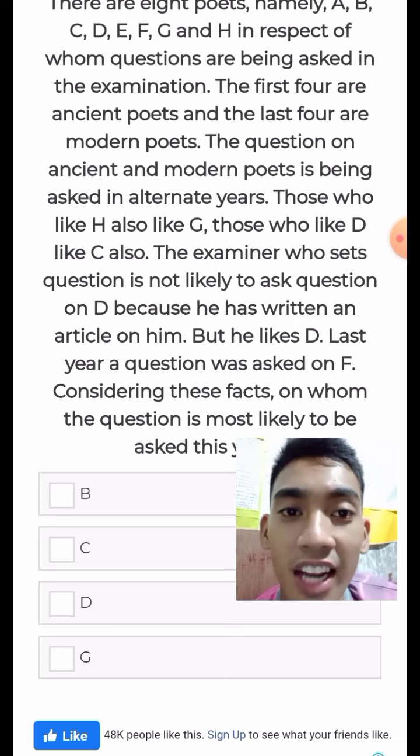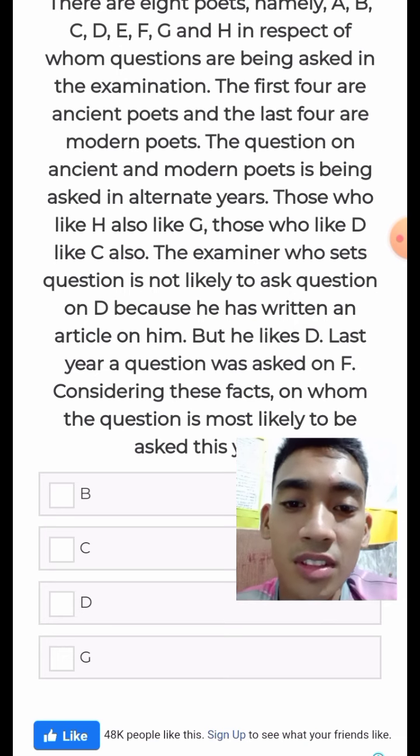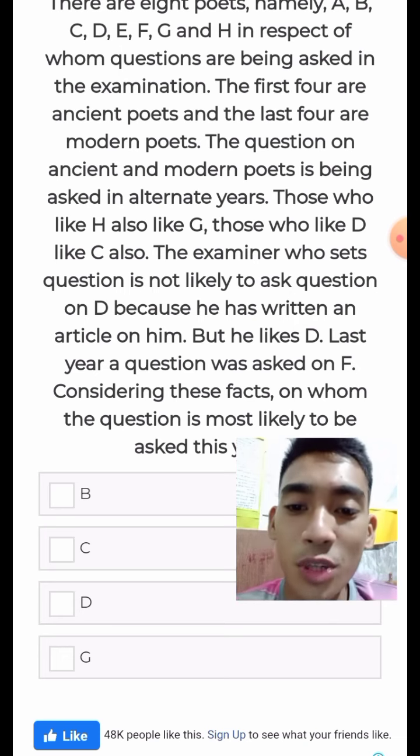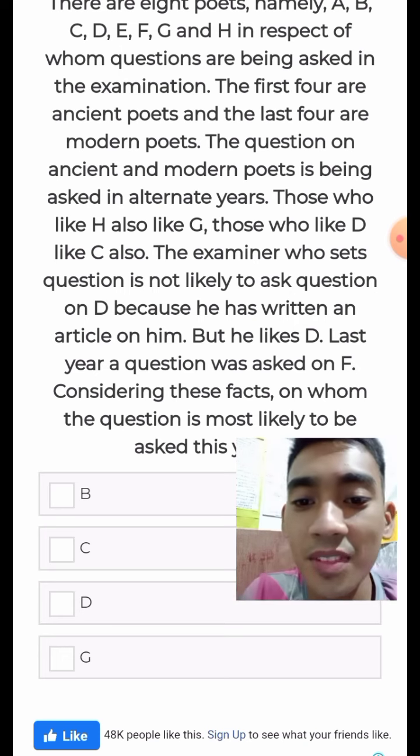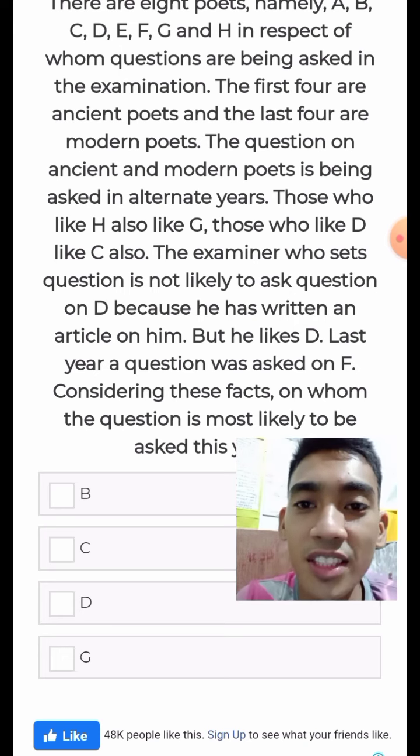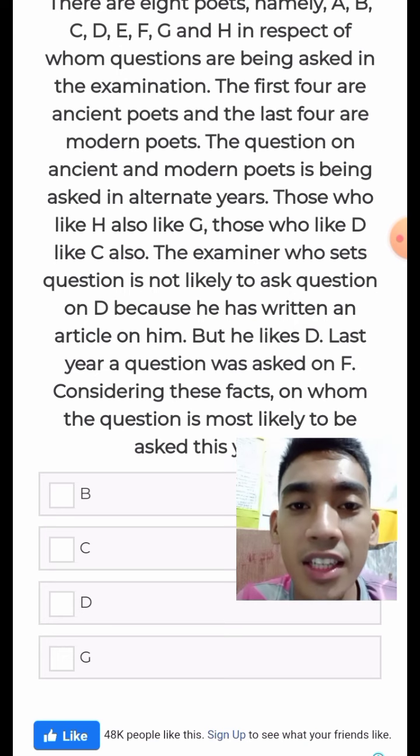It is either A, B, C, or D. But considering the examiner who sets the question is not likely to ask a question on D because he has written an article on him, so therefore it's either A or B that will be asked.